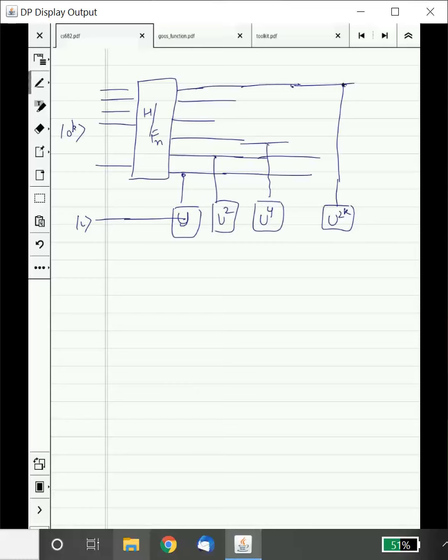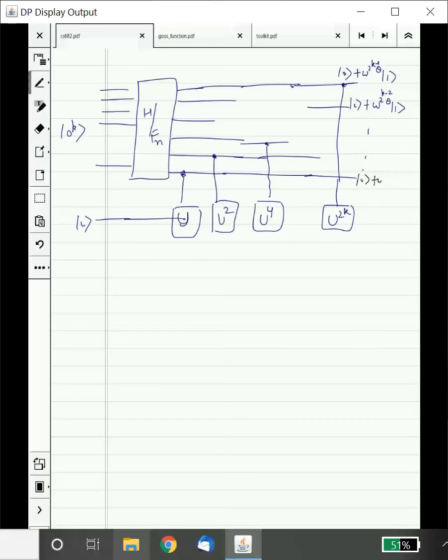This means if you just calculate this explicitly, you will see that here you will get 0 plus, on the second you will get 0, on this you will get theta 1.